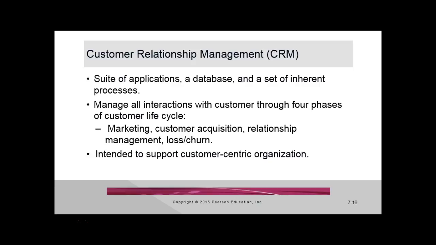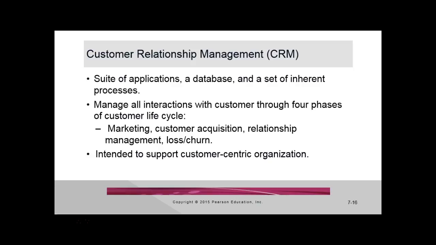And if you're in marketing, you should know this term, because in your first interview, they're probably going to mention CRM. Okay? CRM stands for Customer Relationship Management System. It is an enterprise system, meaning it covers multiple departments. It's a suite of applications, a database, what Sarah called a central repository, right? That's a database and a set of inherent processes.